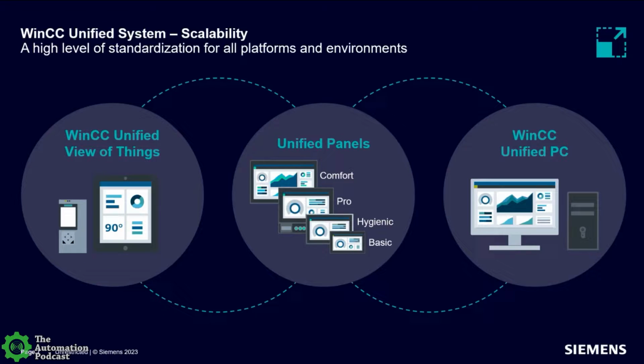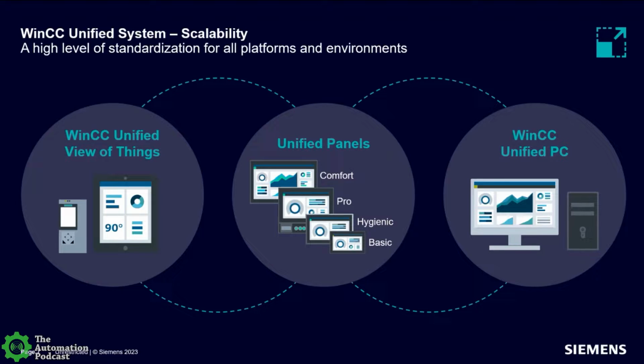And for those that are watching, it is just another way of showing we've got the View of Things. We've got to round out the panel offerings. We've got Unified Comfort panels from a standard application standpoint, Unified Comfort Pros, which are fully enclosed IP65. Then we have Unified Comfort Hygienic, which are IP69 rated units that are washdown rated, certified for food and beverage or pharmaceutical environments, and then our Unified Basic panels as well.